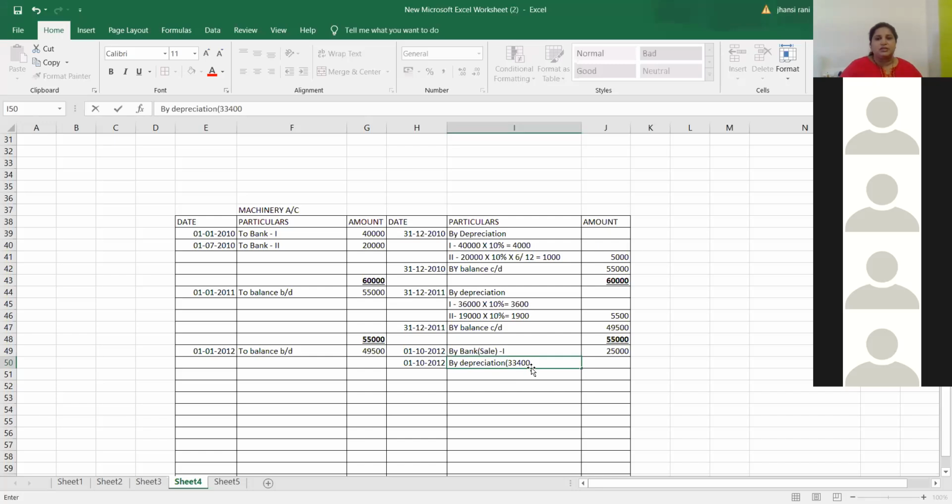If you deduct it, you get 32,400, and depreciation will be into 10% into how many months did I use the first machine in 2012? From January to October. October means I am selling the machine on the first day itself, so I cannot use it that day. I used it till 30th September 2012. So January to September, 9 months.